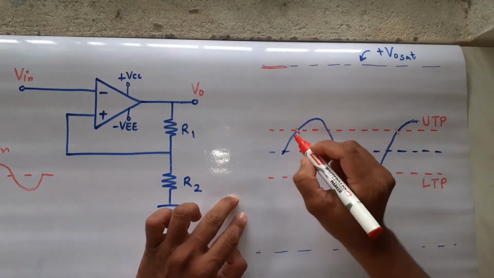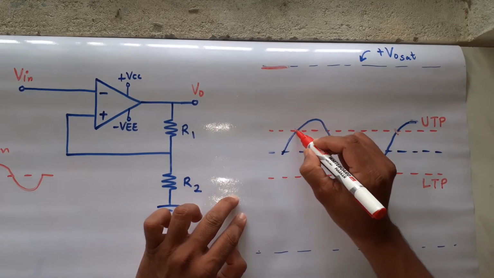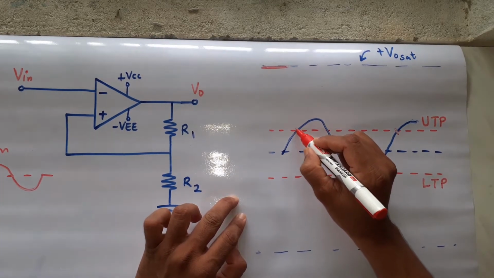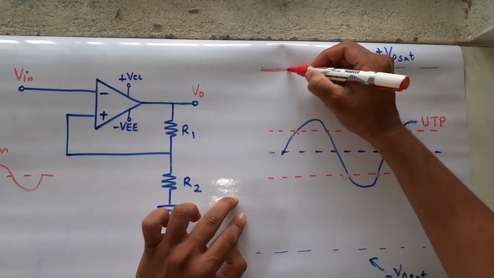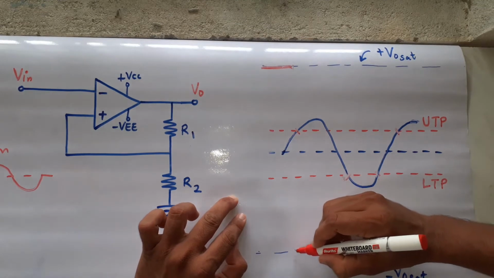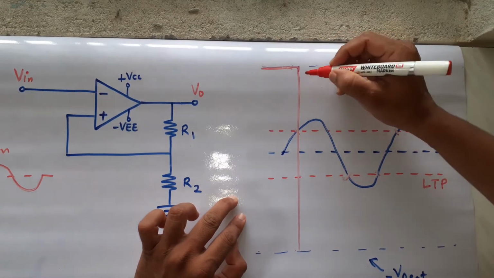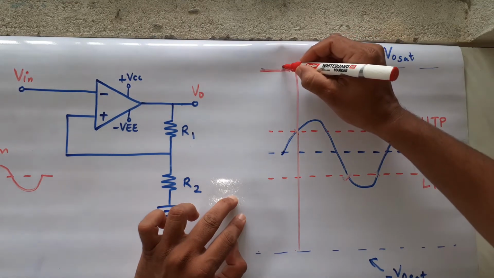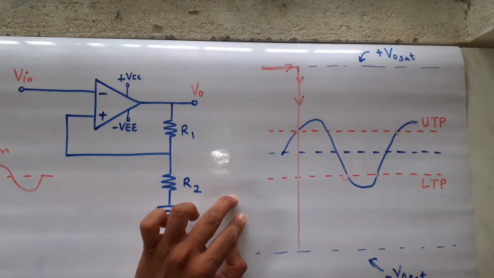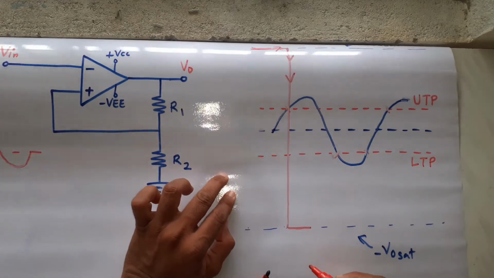So the moment your input crosses this UTP line, whenever it crosses UTP or when it reaches UTP, your output will shift from positive to negative like this. Your output will shift like this. It will shift and it will go for negative saturation level.